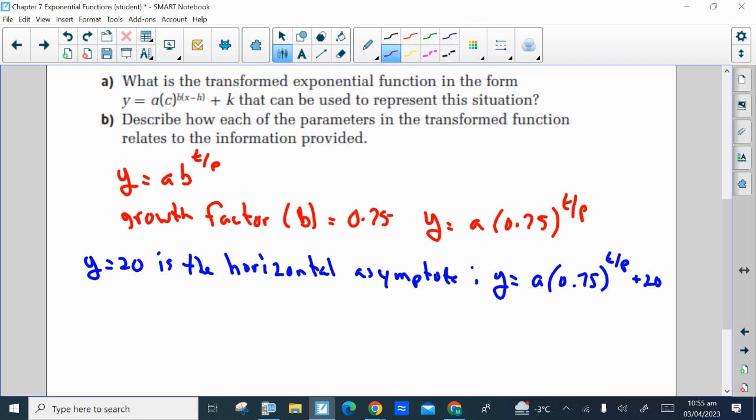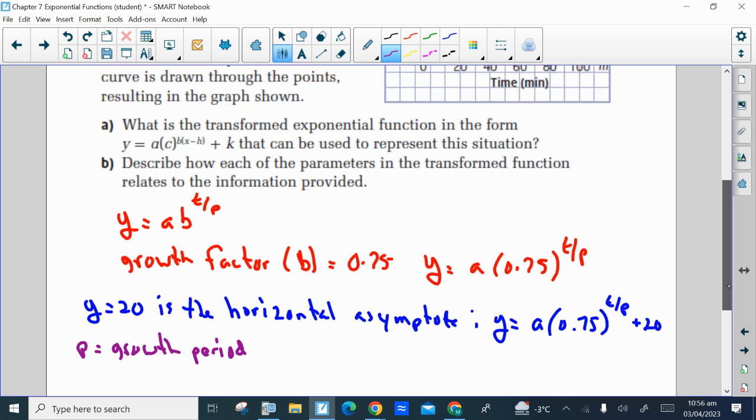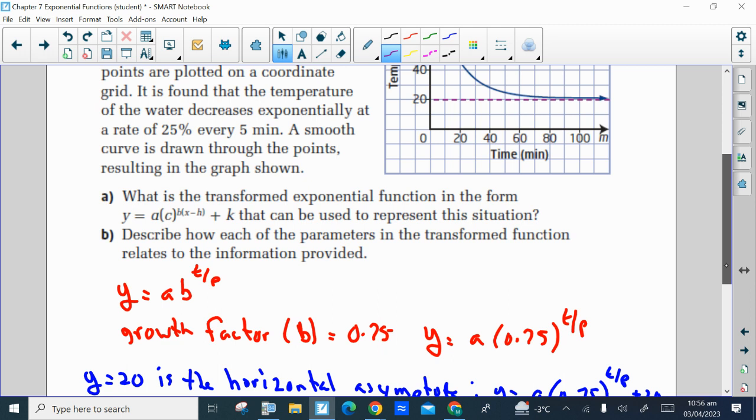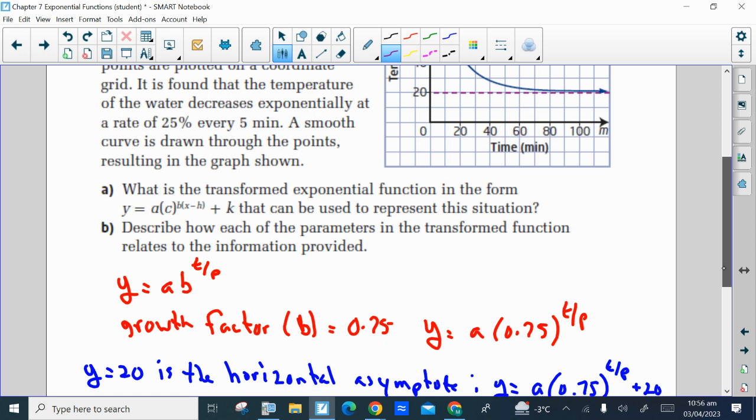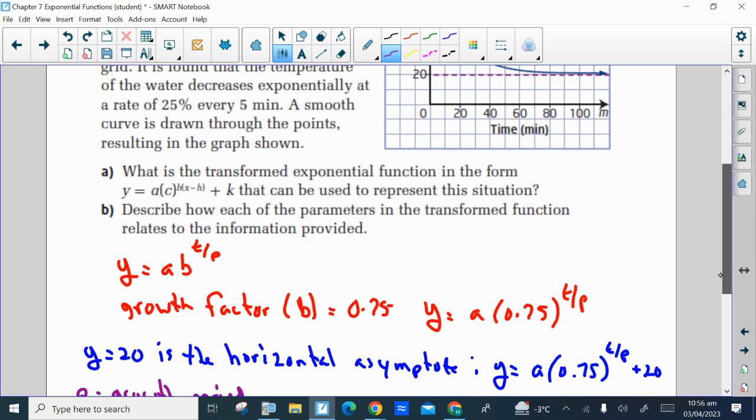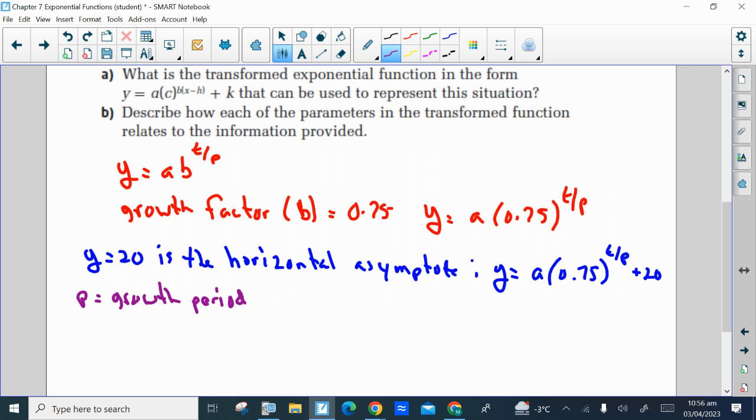The next thing we can write in here is our p value. p is the growth period. In this case, that means how long did it take for the water temperature to decrease by 75% of what it was before. And we were told above that that happens every 5 minutes, right? It says that it is found that the temperature of the water decreases exponentially at a rate of 25% every 5 minutes.